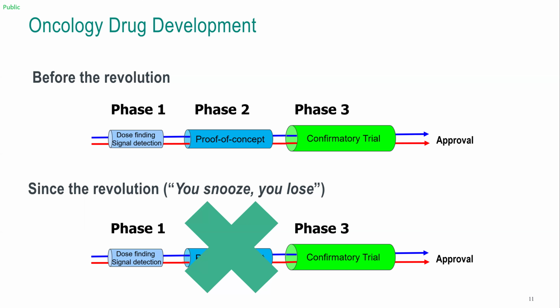But since the revolution, the mentality of drug developers has substantially changed. The success of these PD-1, PD-L1 immune checkpoint inhibitors attracted a lot of new players into the field.